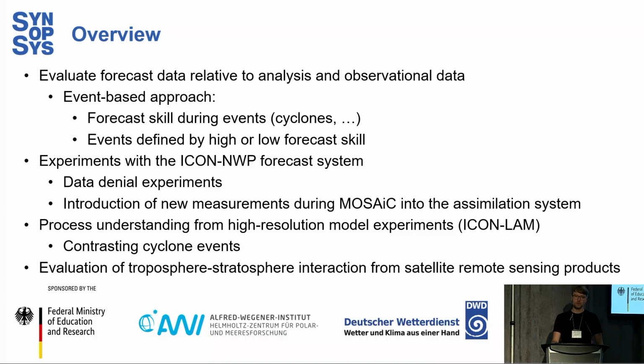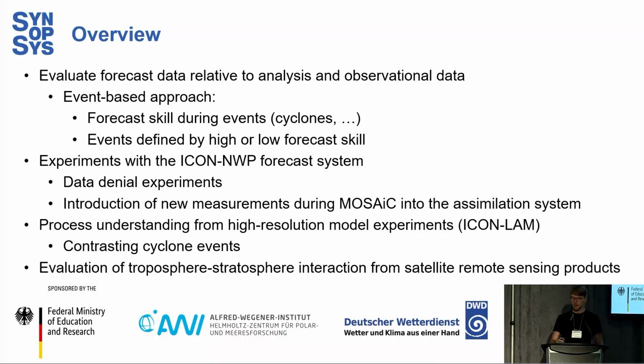And the second approach really looks into the forecast quality and basically defines events based on that, so times where the forecast was particularly good or bad. And there, of course, you can play with the forecast system, so that's where the DWD part definitely comes in: do data denial experiments or introduce additional observations from the MOSAiC campaign.